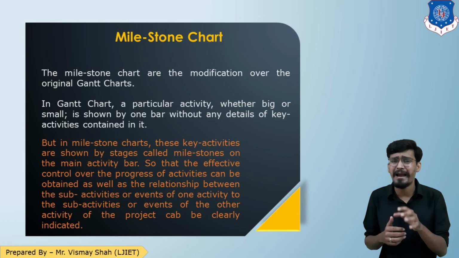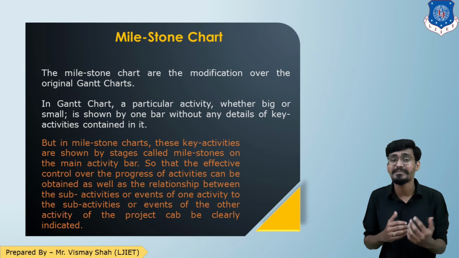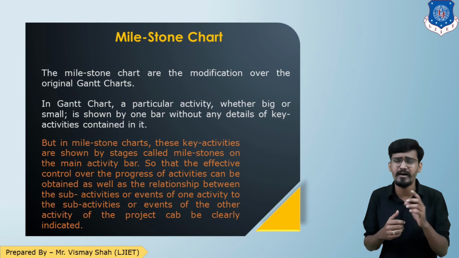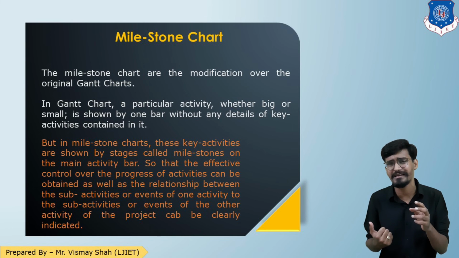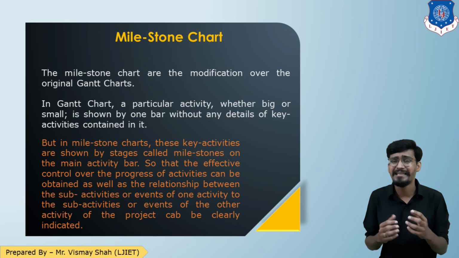By denoting these milestones in the bar chart, you can have effective control over the project. You can measure the project progress, and you can define the relationship from one sub activity to another sub activity, or one event to another event, or one activity of the project to another activity.